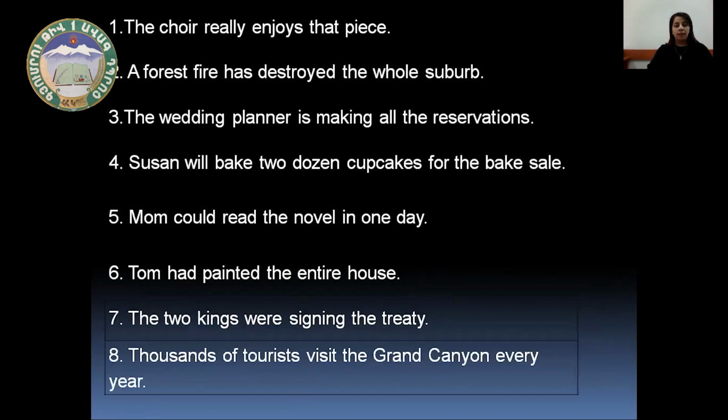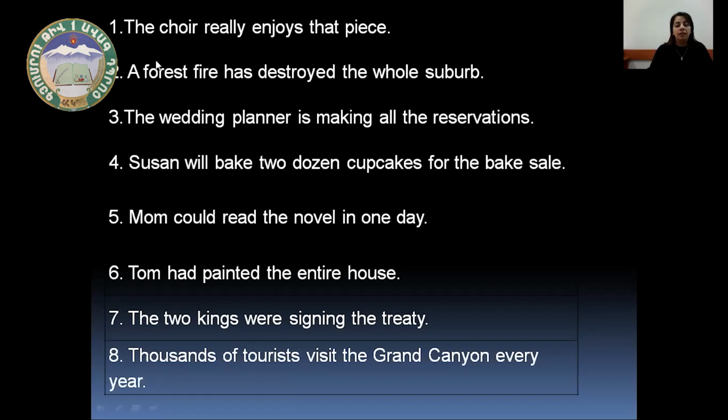Then, in the following slide, we have the following sentences, and your task is to change the sentences from active voice into passive. In order to do this, I advise you to pause the video, complete the exercise, then go to the next slide. So how do you have to do this? For example, the choir really enjoys that piece.